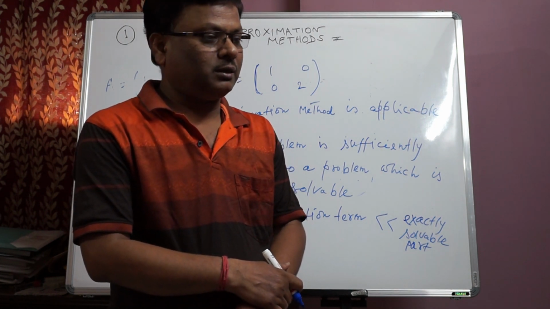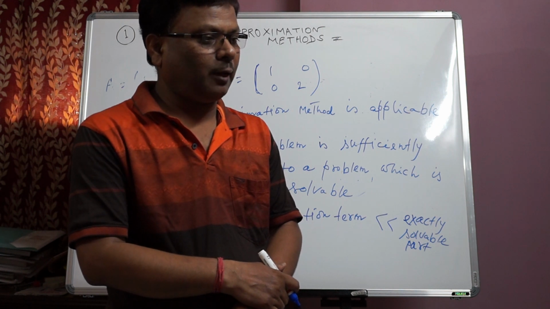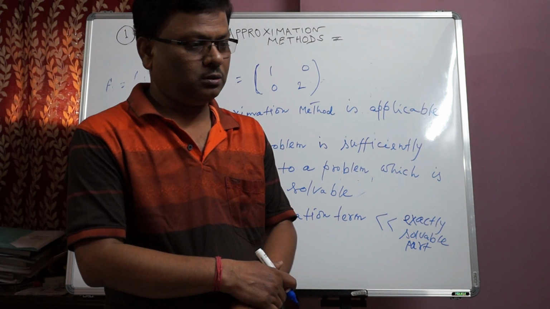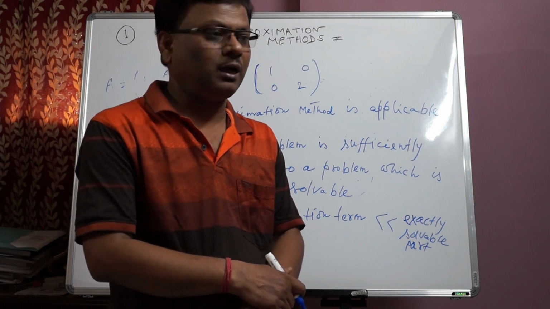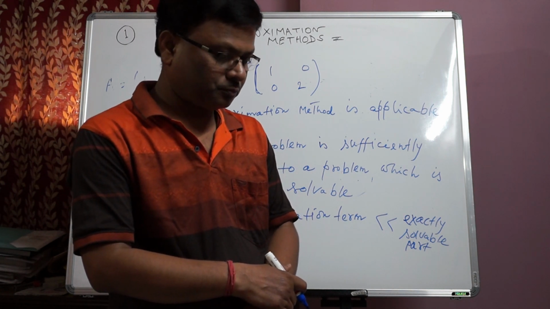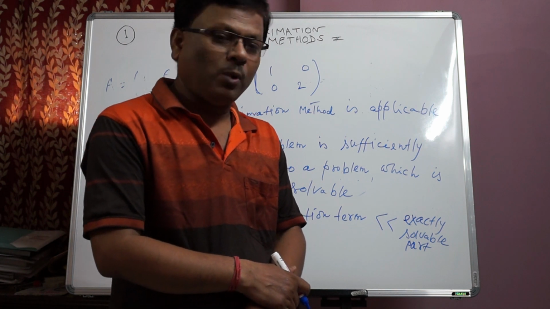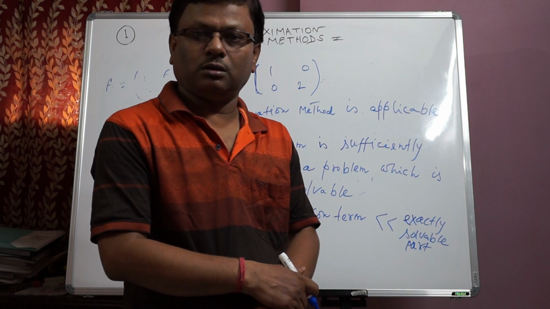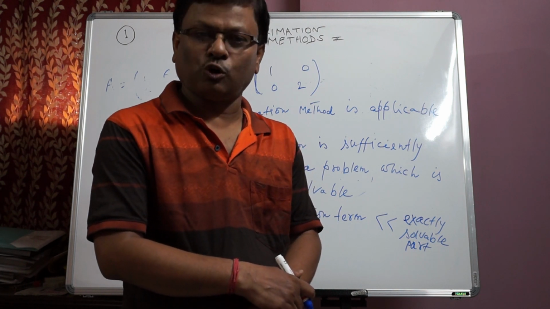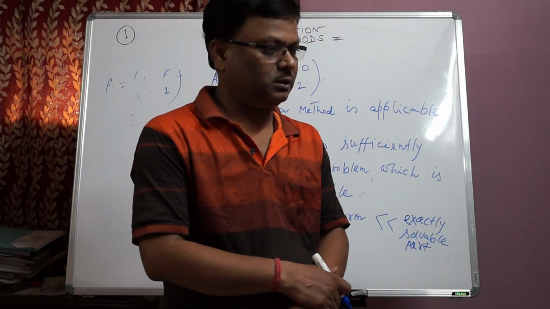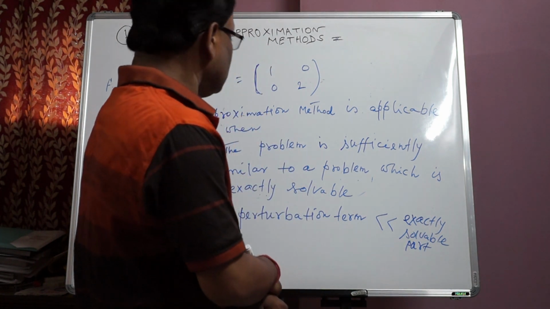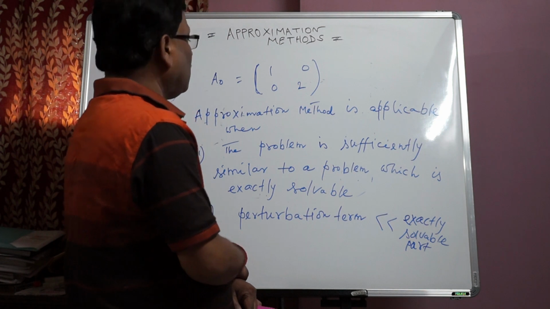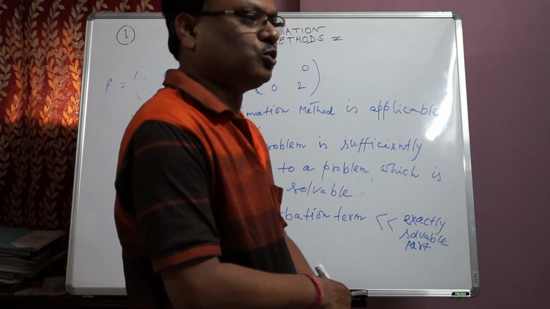Remember that by applying the approximation method, we can understand how much the approximation affects the exactly solvable or dominating part. This is the main cause behind the approximation method.